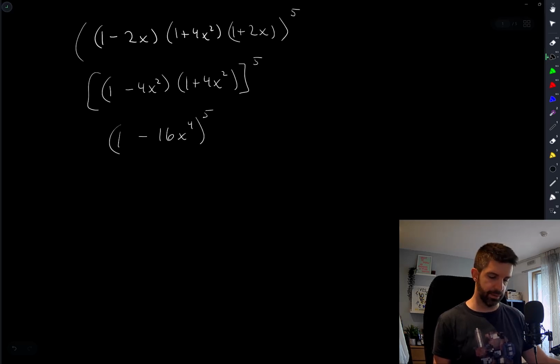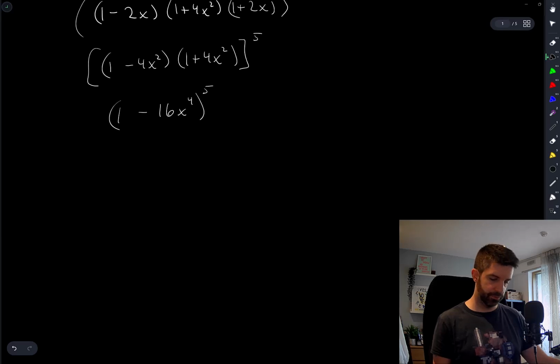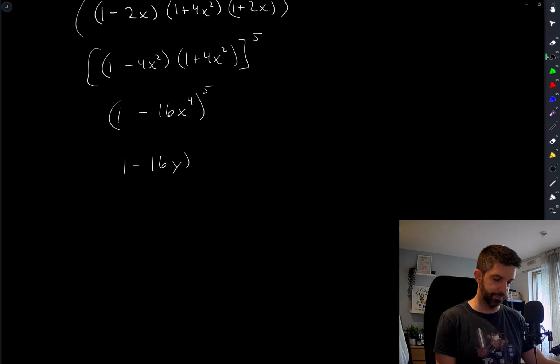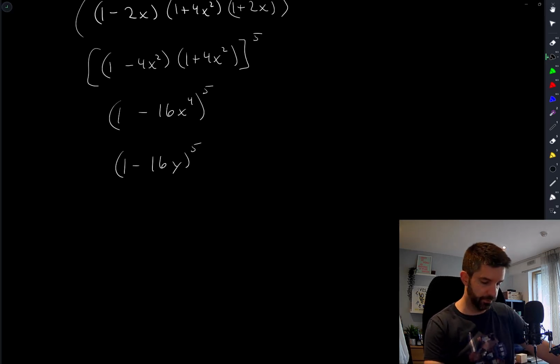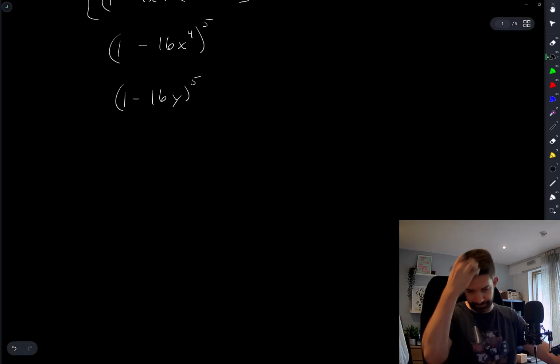I suppose it can, right? So let's call that y, right? (1 minus 16y) to the power of 5. And I want the coefficient of y cubed.